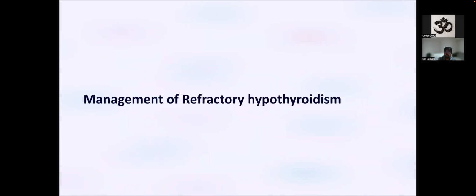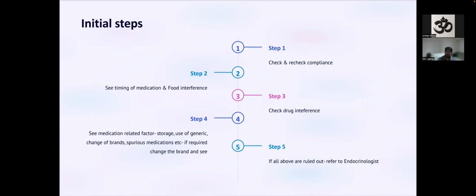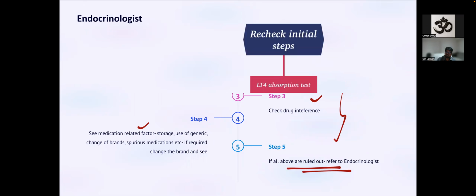So how do you manage a case of refractory hypothyroidism? Initial steps: check for compliance, check for the timing and food-medication interactions, check for drug interference. Then look at medication-related factors, storage of the medication, spurious brand, etc. If all these factors are ruled out, then refer to your endocrinologist for reassessment, as well as for a levothyroxine absorption test.